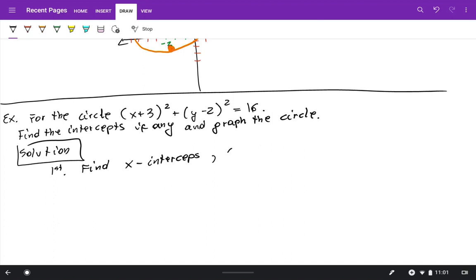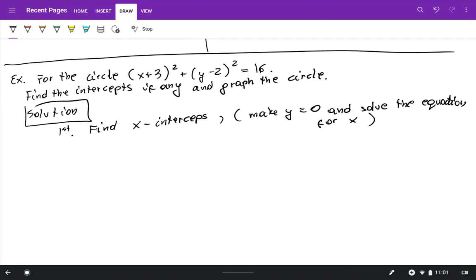So to find the x-intercepts, we make y equal to 0 and solve the equation for x. Okay, so x-intercepts. So our equation is x plus 3 squared plus, we're going to make y equal to 0, so 0 minus 2 squared equals 16.